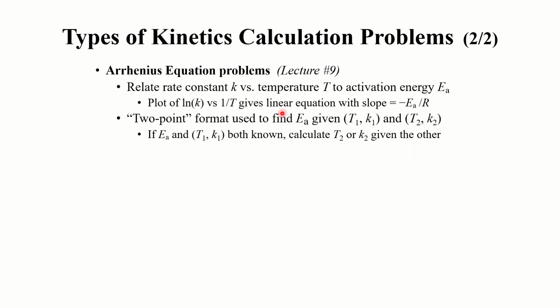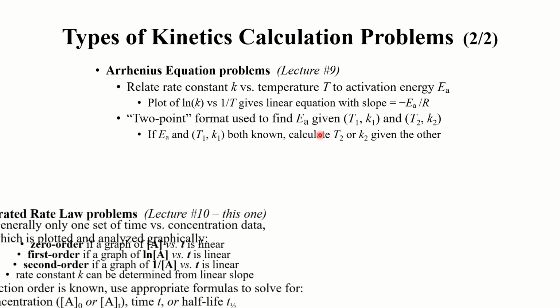So remember the two different forms of the equation: the linearized version, which you'll use if given a plot of natural log k versus 1 over T, and then the two-point format, which you can use to find the activation energy given two sets of temperature and rate constant values.